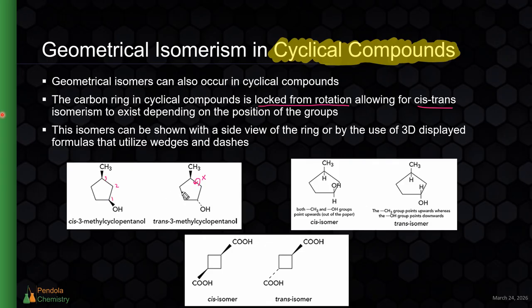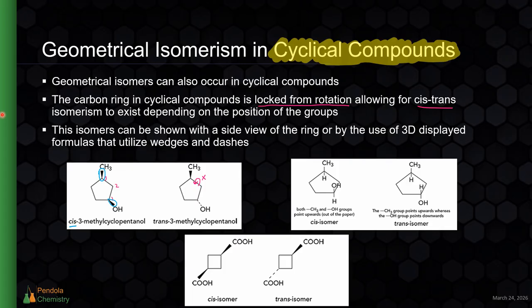But 3-methyl cyclopentanol can have cis-trans isomerism. If both of the functional groups, the alcohol and the methyl group, come out towards us, and we can show that with these wedges, then they're both on the same side of the ring, meaning this is a cis isomer.